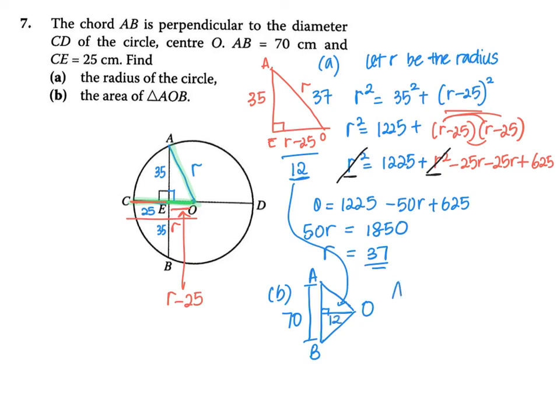So therefore the area of the triangle will be half times base times height. That gives me the answer 420 cm squared. Have you gotten the answer?